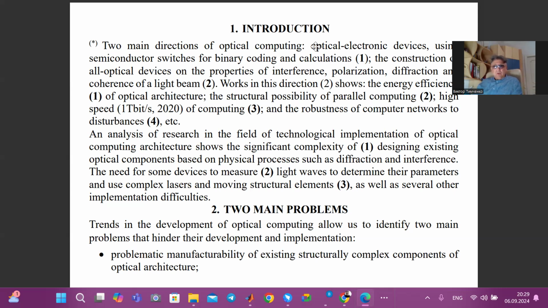Works of this direction show the energy efficiency of optical architecture, the possibility of parallel computing, high speed, and robustness of computer networks.